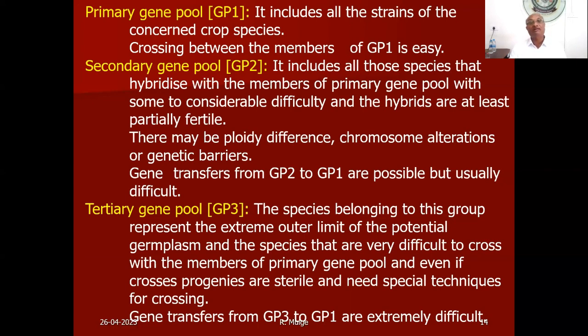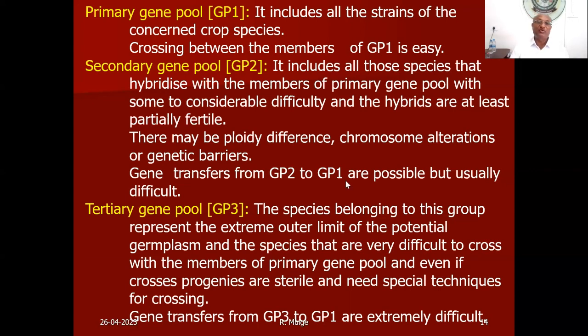Yes, you can do it, but there are difficulties, incompatibility between the members of GP1, and the hybrids are at least partially fertile. Sometimes you may have a fertility problem also if you cross with GP1. There may be a ploidy difference, chromosome alterations, or genetic barriers. So gene transfer from GP2 to GP1 is possible, but usually difficult, right? That is secondary gene pool.